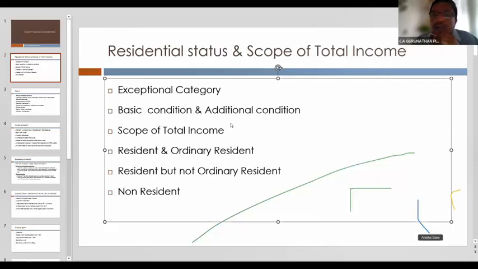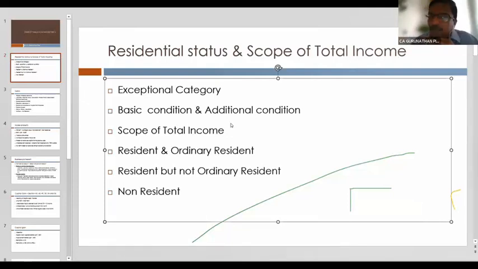So if you are in any one of these exceptional categories, that means the person can be a resident of India only when he satisfies basic condition A. There is no need to look at condition B. Otherwise, if you are not in the exceptional category, then either A or B will work. But if you are in the exceptional category, only look at condition A, not B.